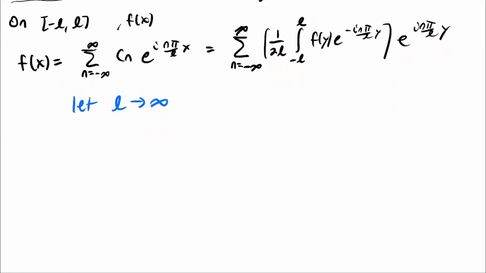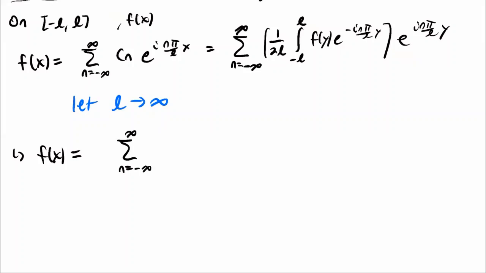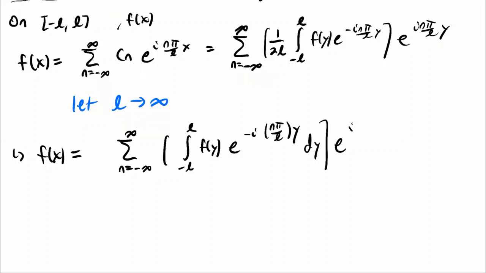If I rearrange this, we end up with our function f of x given by the sum from n equals minus infinity to infinity of the integral from minus L to L of f of y e to the minus i n pi over L y dy, times e to the i n pi over L x.